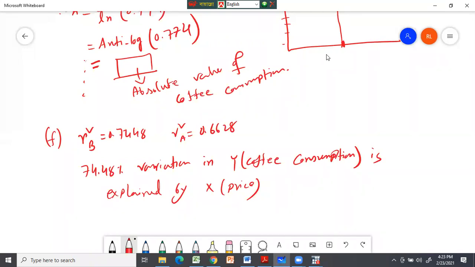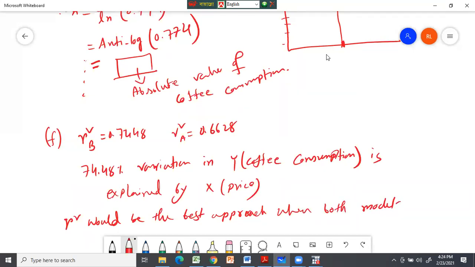তাহলে আমরা যেটা জানলাম প্রথমে যে R square would be the best approach when both models are in same form.